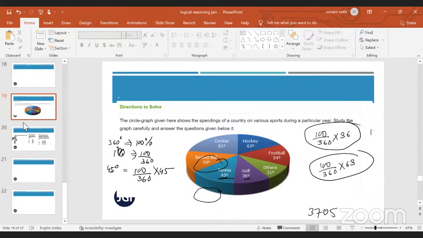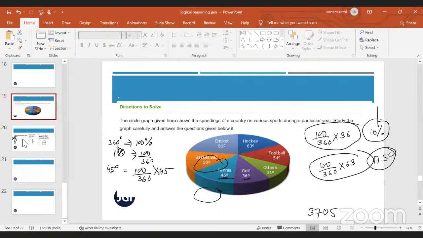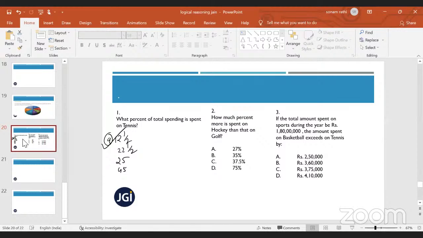This is 10%. Second one, 17.5%. Okay, so golf is 10%, hockey is 17.5%.